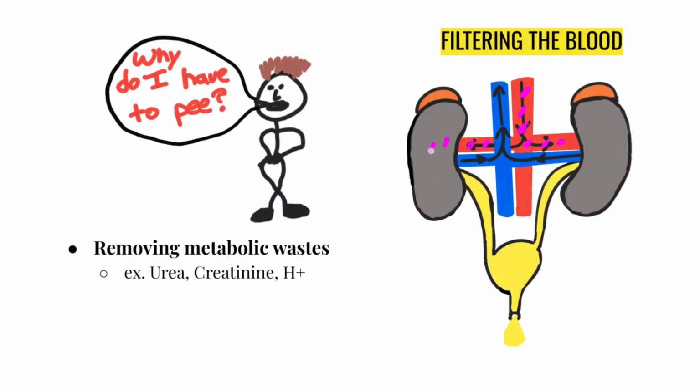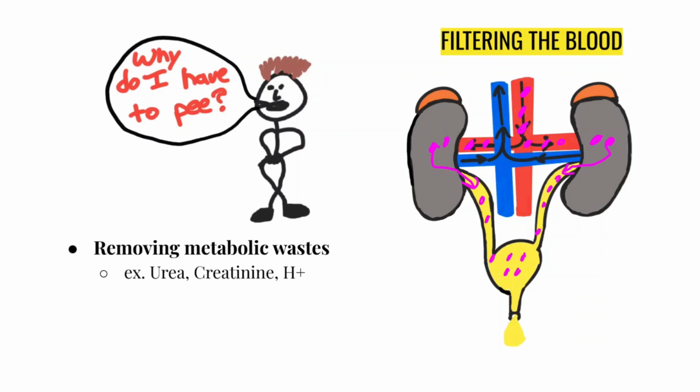Now, the goal of the kidneys is to filter the blood of these waste products. So when we say the kidney is filtering the blood, what do we mean? Well, when the blood enters the kidney, some of these waste products are removed from the blood and eventually placed into the urine, which is excreted.